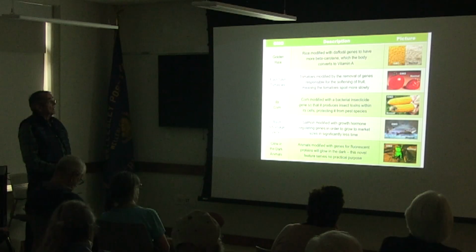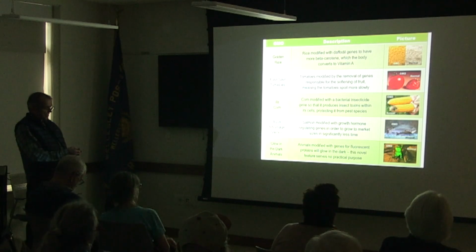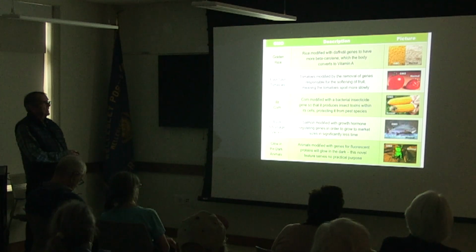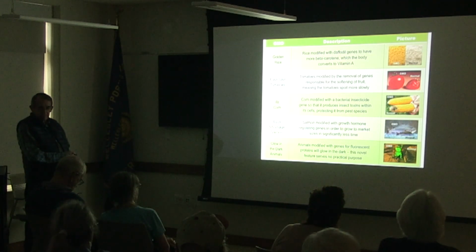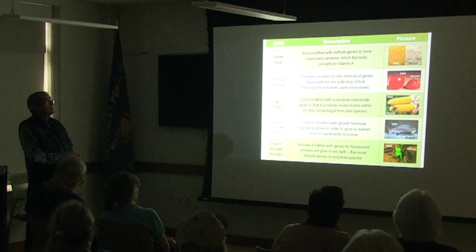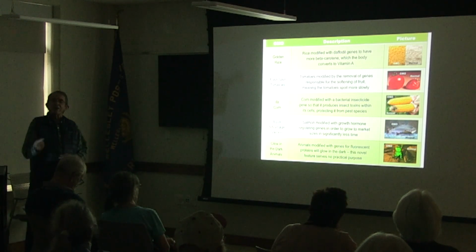So here comes genetically modified food. Instead of putting the protein into a bacteria, let's put it into a tomato. Let's take the gene from daffodils that produce the enzymes that make beta carotene, vitamin A, and let's stick it into the rice plant.